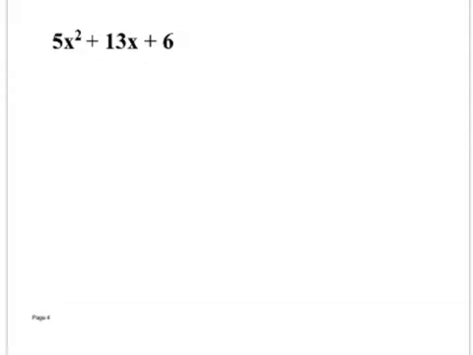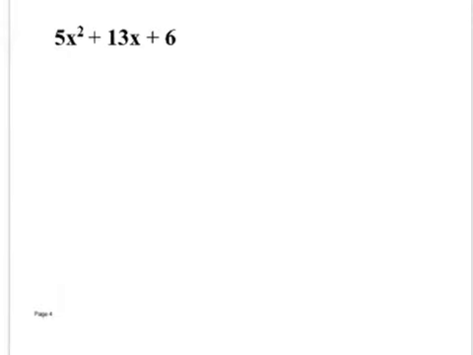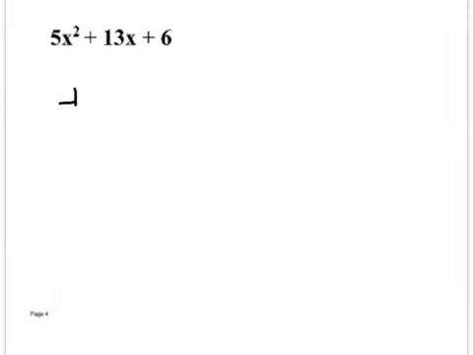Let's do one more of the ax squared plus bx plus c. We have 5x squared plus 13x plus 6. There is nothing we can factor out. So we look at what adds to give me 13 and what multiplies to give me 30.